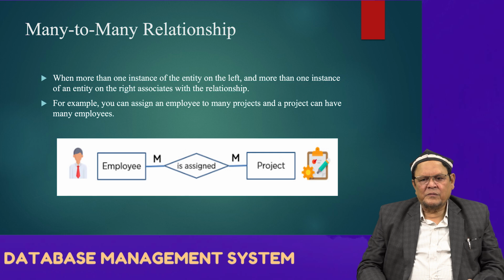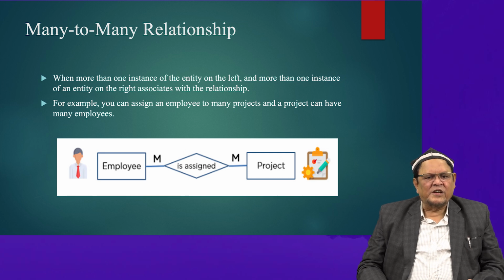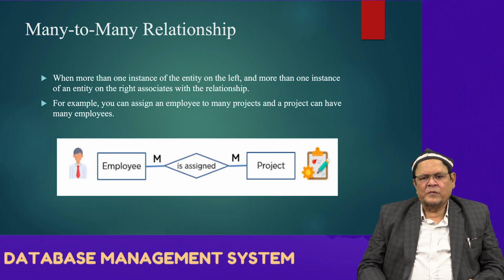This relationship is represented by a line connecting the entities, often accompanied by crow's foot symbols on both sides. For example, in a student to course relationship, many students can enroll in multiple courses and each course can have multiple students.